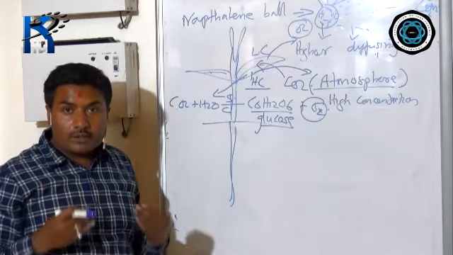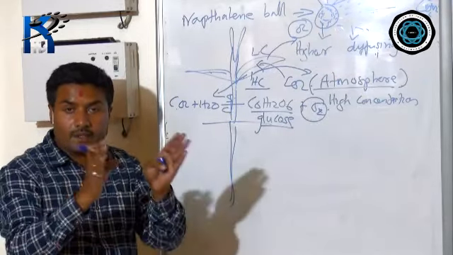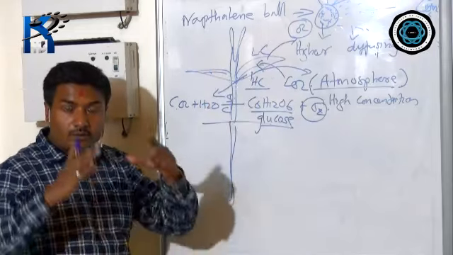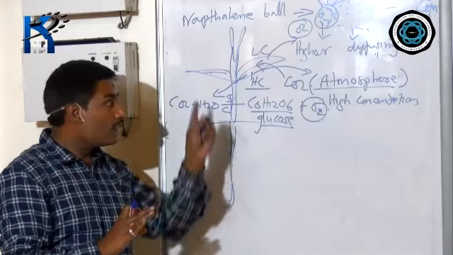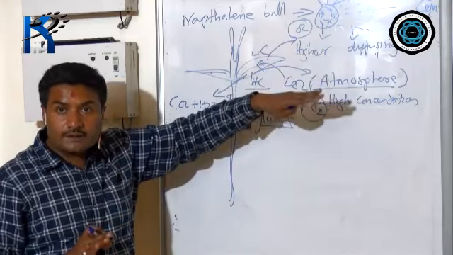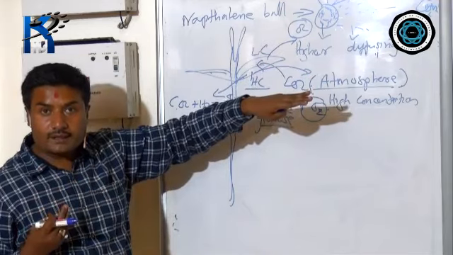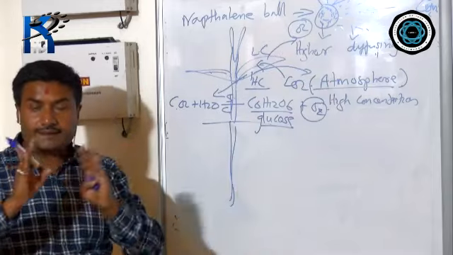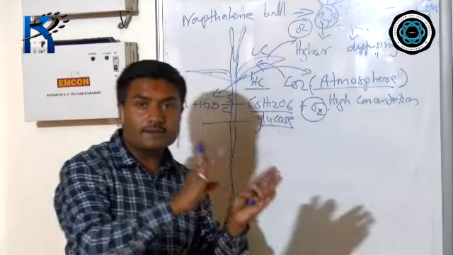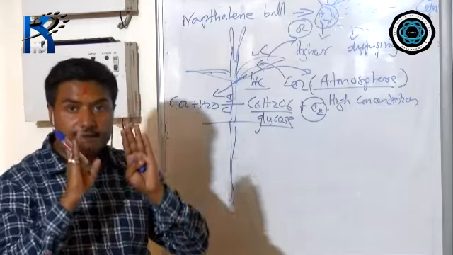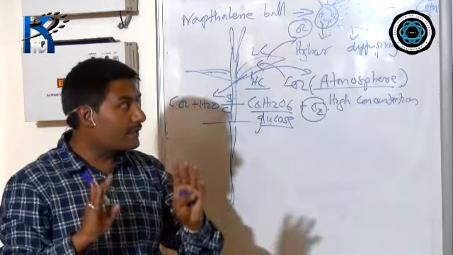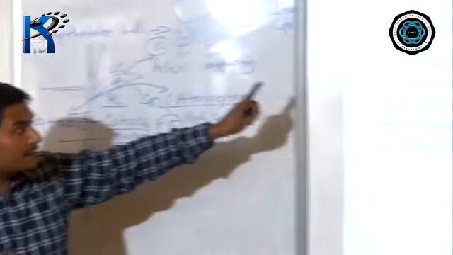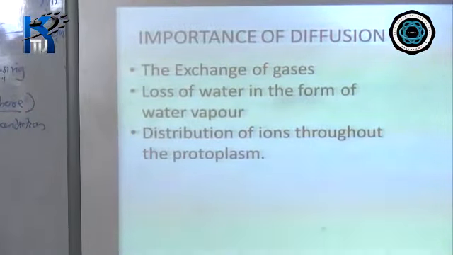Because we are using the oxygen, so oxygen becomes deficient in the atmosphere. In the plant the concentration of oxygen is more, whereas in the atmosphere the concentration becomes less because we are using it up, so the oxygen comes out. This exchange of gases is also due to movement from higher concentration to lower concentration, and this physiological activity takes place by the process of diffusion. We call it the exchange of gases.